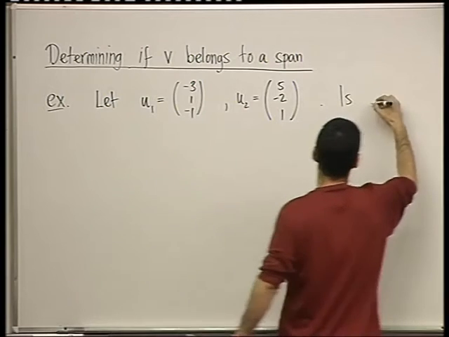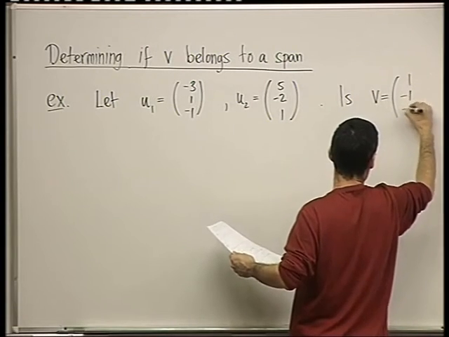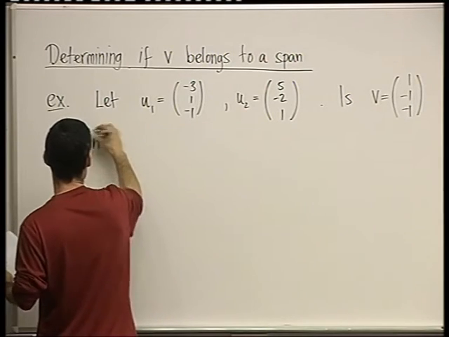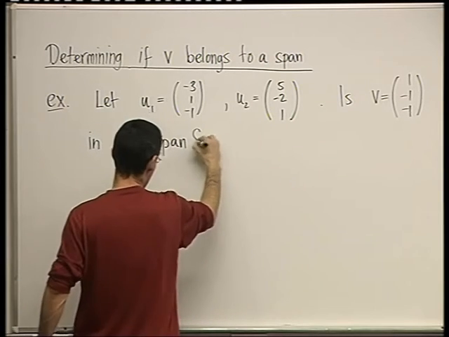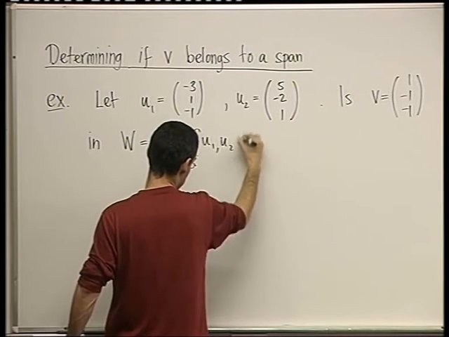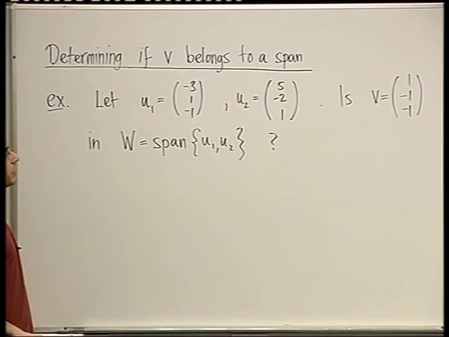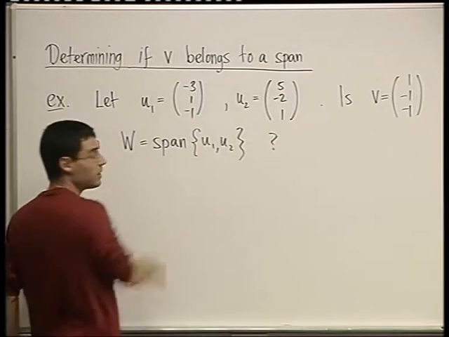Is v, which is going to be the vector 1, negative 1, negative 1, in W, which is the span of u1 and u2? That's the question. Is v, that specific vector, in the span of these two guys?